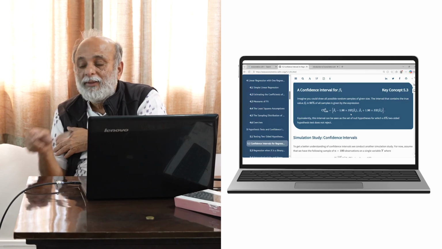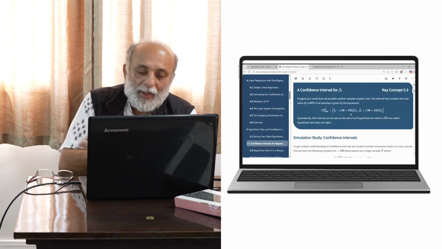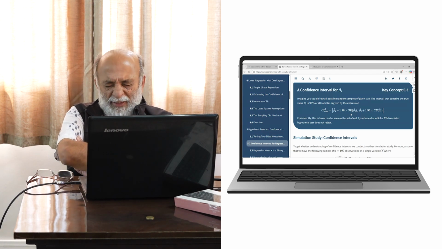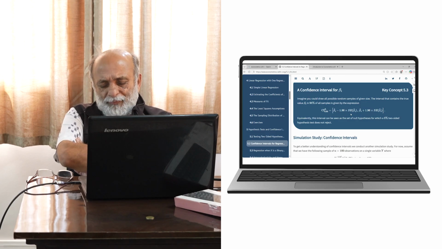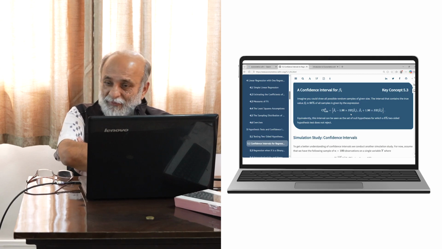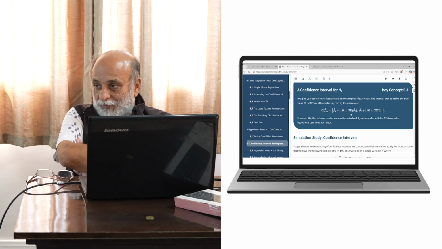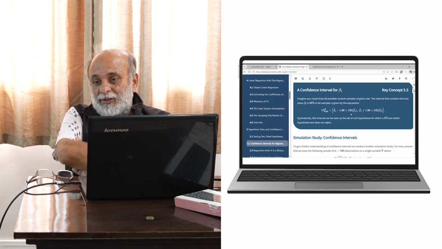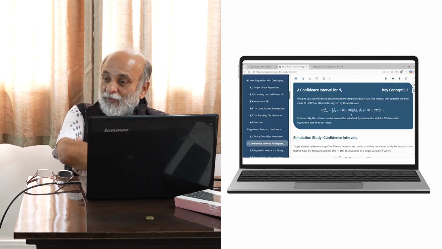Yeah. So the question that we are trying to ask is that the beta hat value that we get from a regression is an estimated value. It depends on the sample. If I take a different sample, I'll get a different value of beta. I know that on average the beta hat values will be equal to the true value of beta. But I can ask a different question.